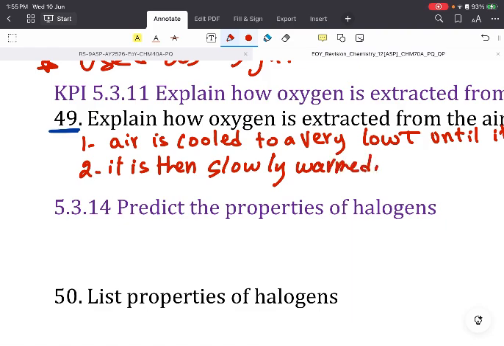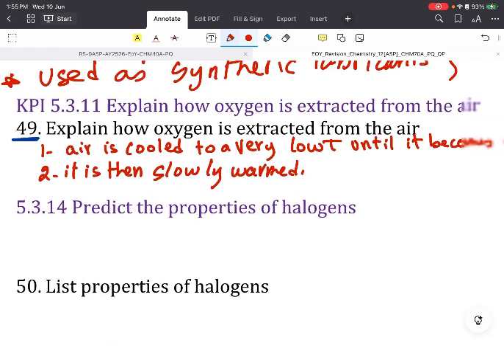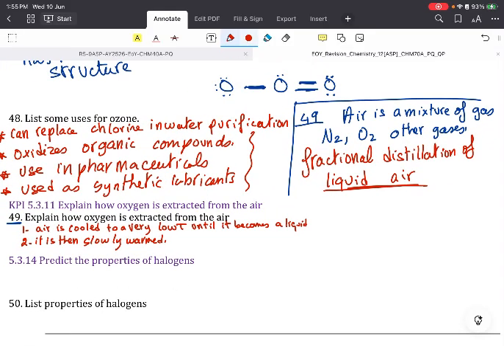So what happens at this point? The gases that exist in that air, I said it has nitrogen, oxygen, and other gases, have different boiling points. As the liquid air is slowly warmed, these substances start to turn back into gases once they reach their boiling point.